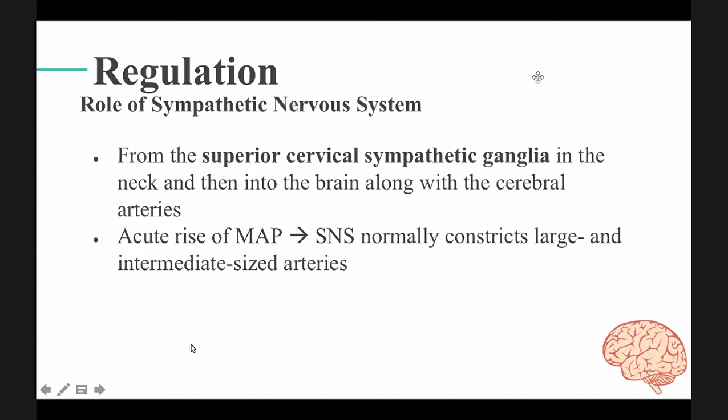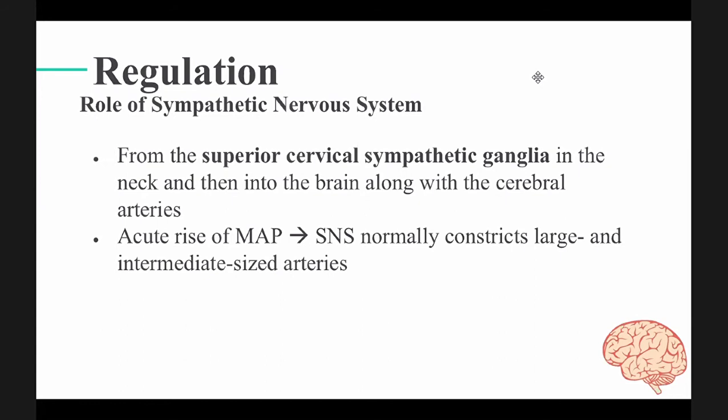So, for example, the sympathetic nervous system, which comes from the superior cervical sympathetic ganglia, which we lectured last time, there are sympathetic ganglia coming from, let's say, T1, it will go into the superior cervical sympathetic ganglia and join together with the arteries supplying the brain and with the penetrating arterioles.